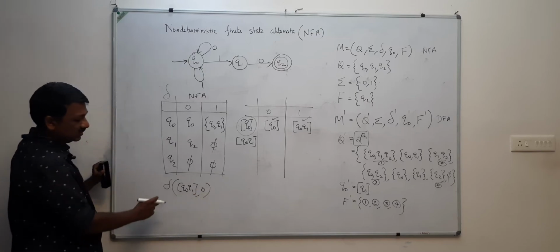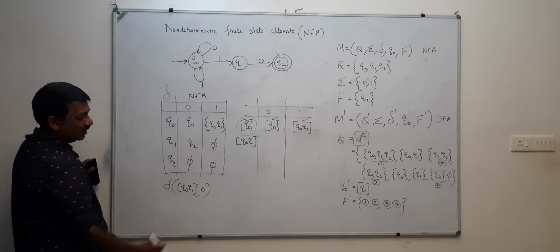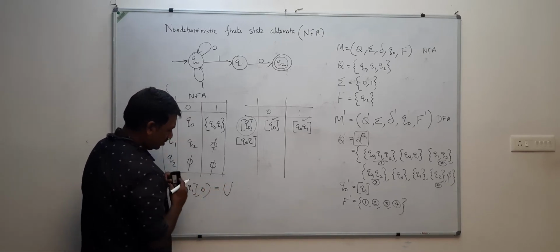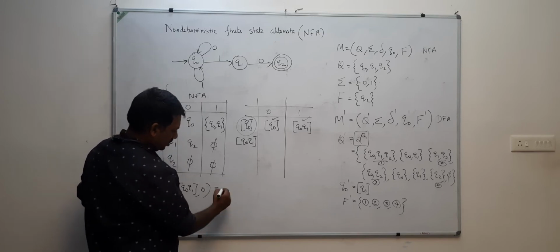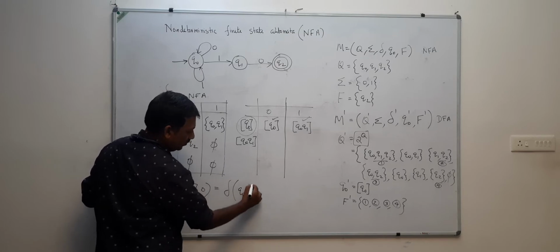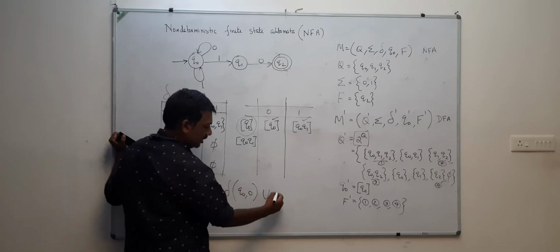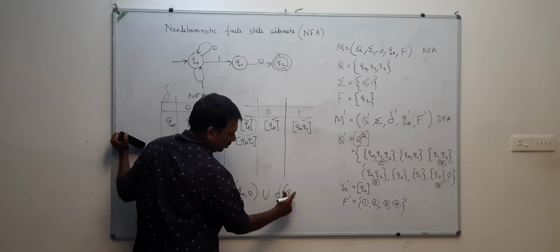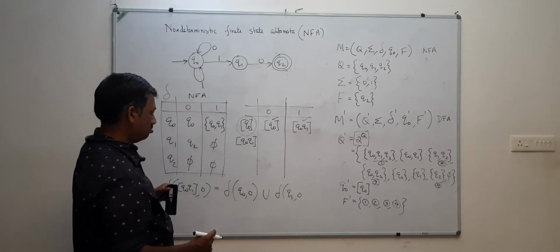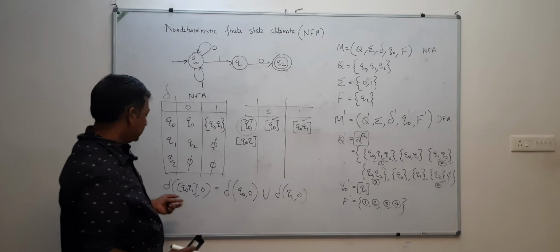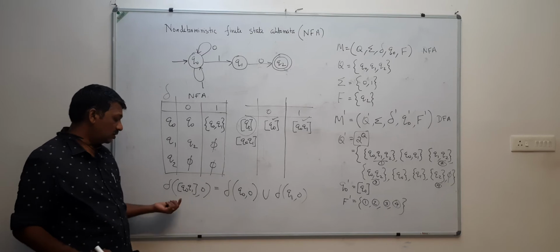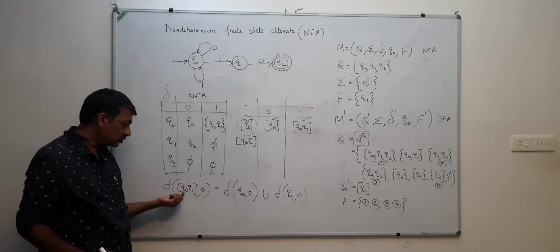The transition for [Q0, Q1] upon reading 0 is the union of delta of Q0 on 0 and delta of Q1 on 0.